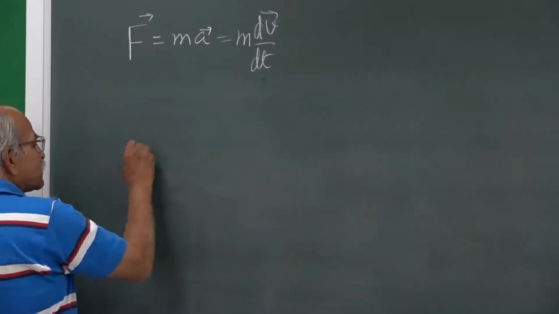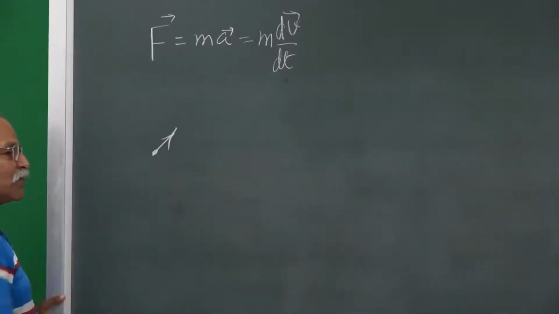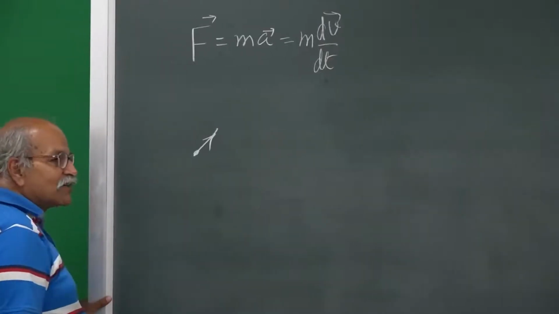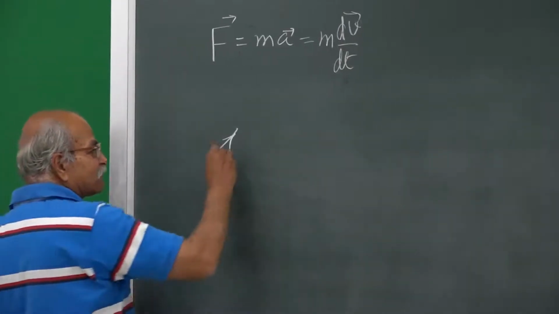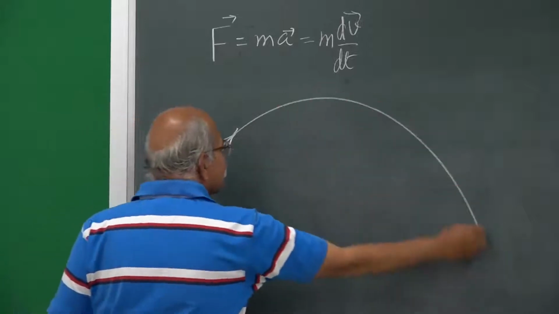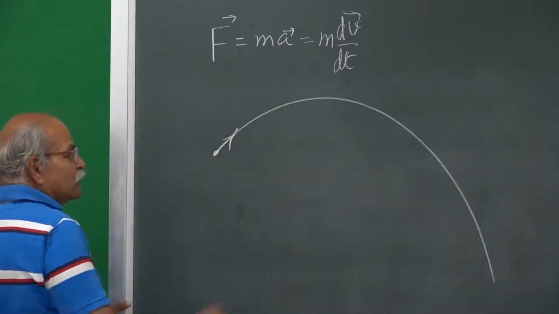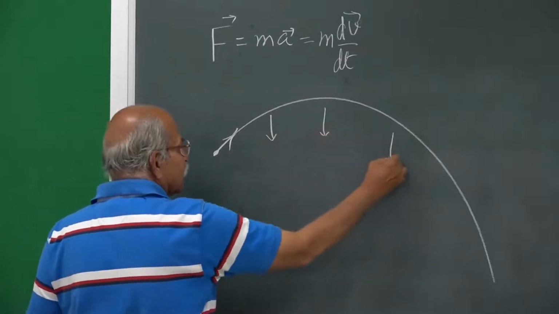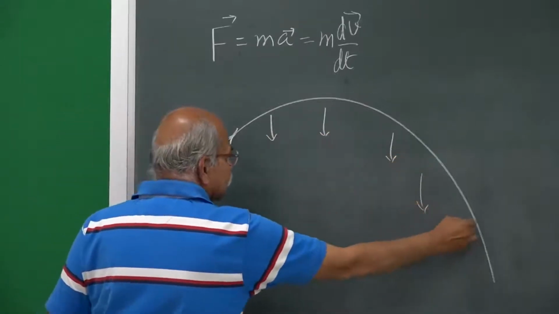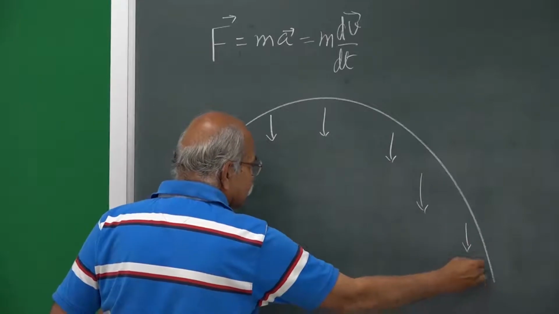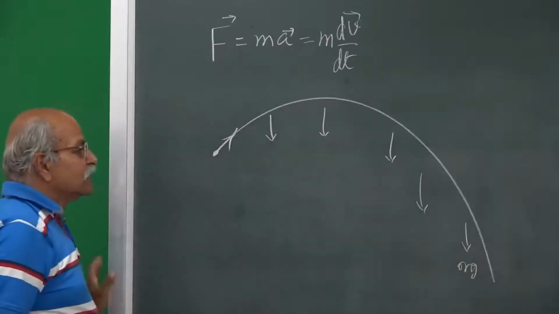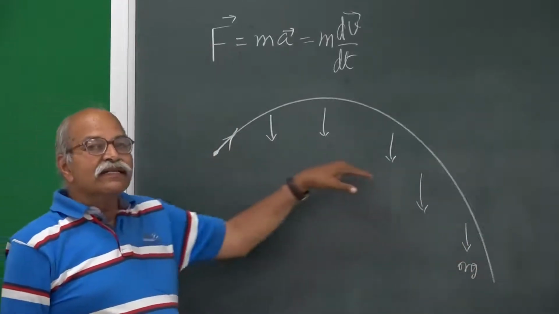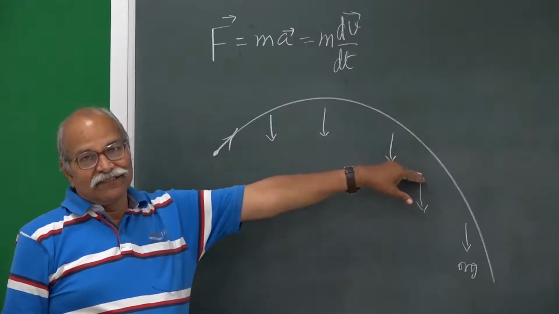If you just throw a particle at some angle with the horizontal near the earth's surface, it goes in a parabolic path, and everywhere the force is mg in downward direction, and therefore, in x direction there is no acceleration.